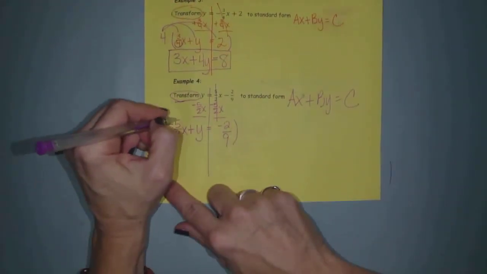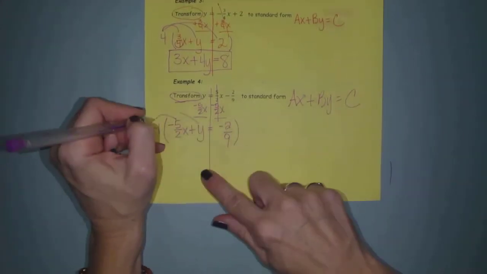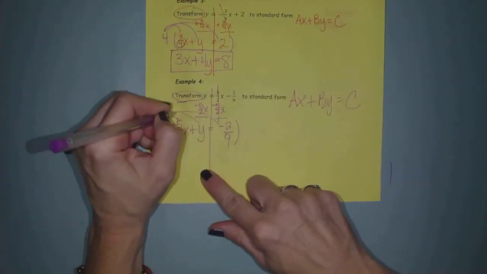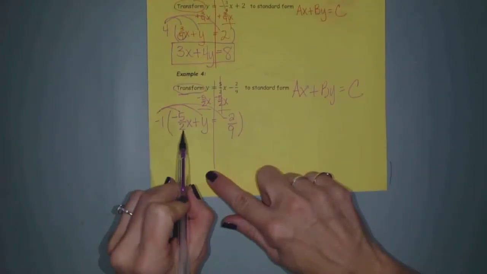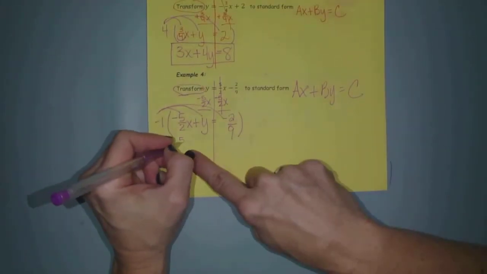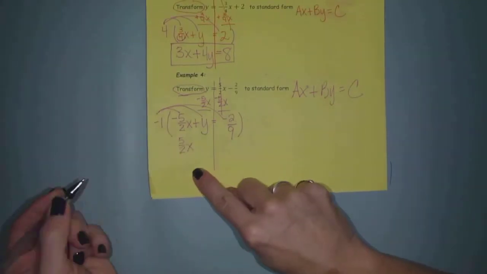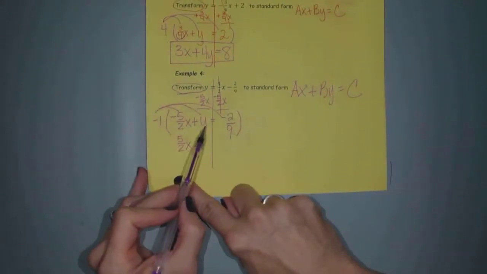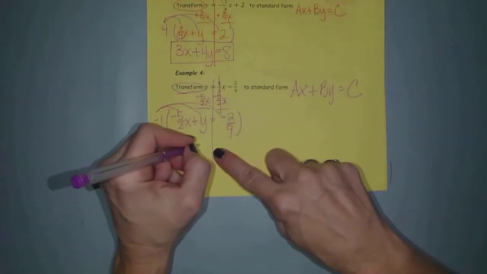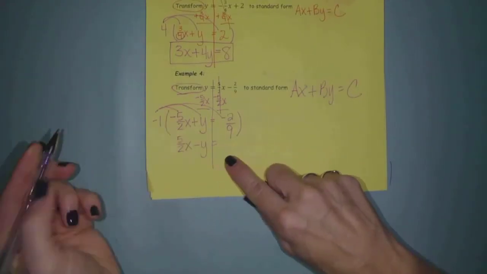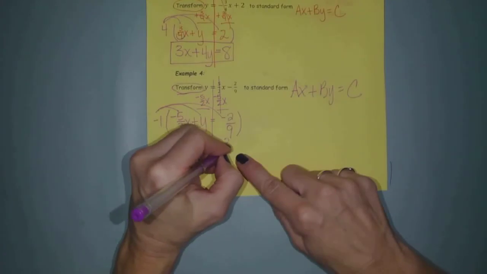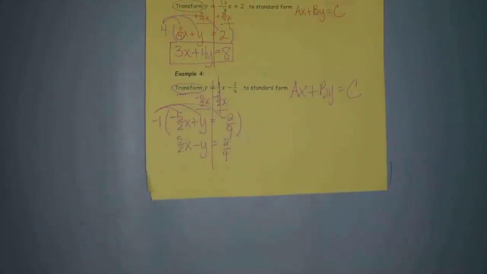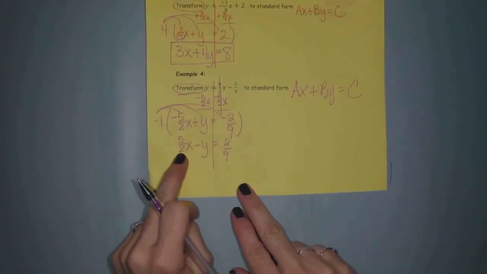So we're going to go here, here, and here, multiplying everybody by -1. So a negative times a negative is a positive 5/2x. Negative times positive, -1 times y is negative y. And -1 times -2/9 is positive 2/9. Awesome. Now we have a positive a.